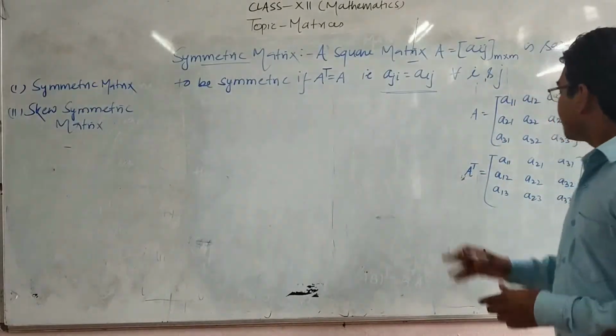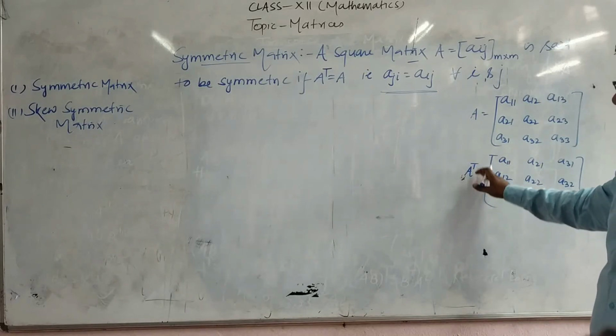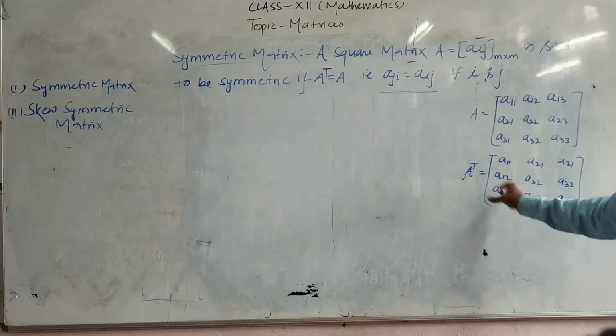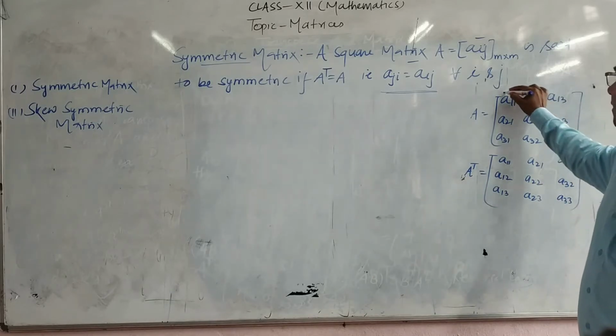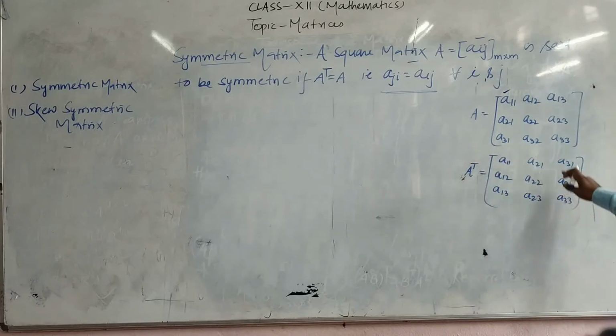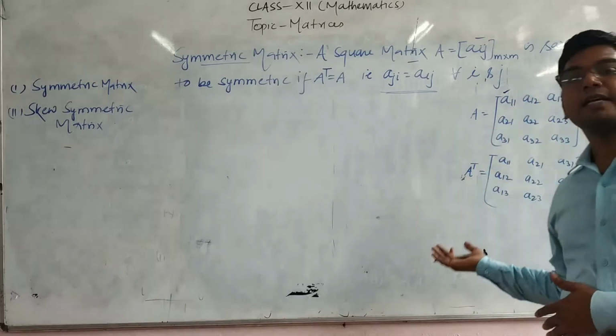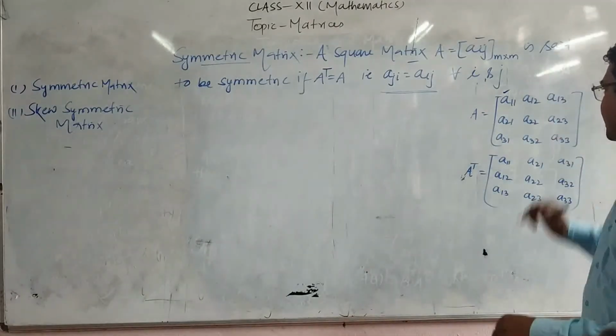For example, I have told you about the transpose of the matrix. Rows are converted into columns. Now one thing remains the same here: the leading diagonals, the principal diagonals, remain the same after taking the transpose. This is very much clear.